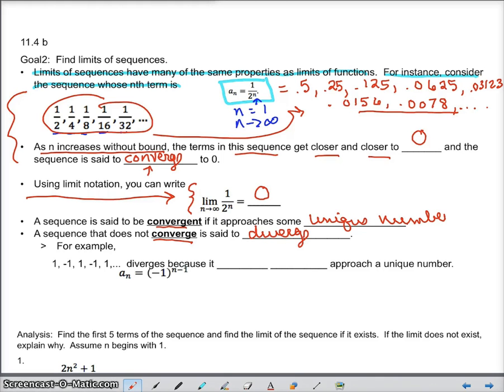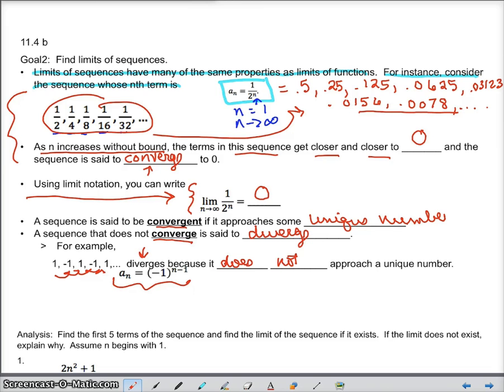For example, if your y values hopped back and forth from 1 to -1, 1 to -1, 1 to -1, this series would be considered to be divergent, or it diverges because it does not approach a unique number. And here is the equation for that type of sequence.